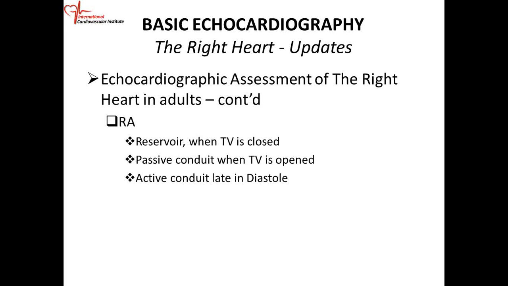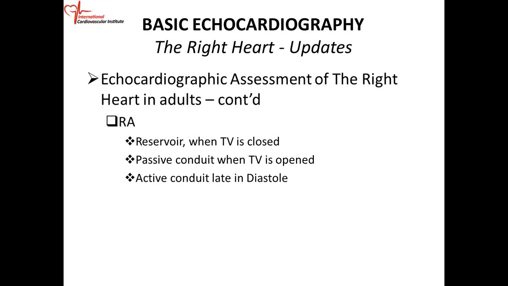So it allows blood to flow from the IVC and the superior vena cava, through the right atrium and into the right ventricle. And then the third function of the right atrium is an active conduit late in diastole. Remember when the atrium contracts, it forces blood across the tricuspid valve into the right ventricle.